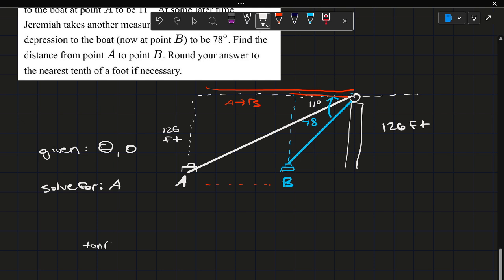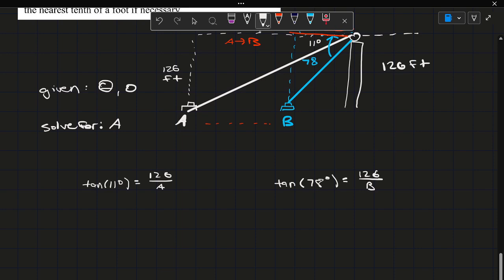So tangent for the first one is tangent of 11 degrees is equal to opposite, so 126 over your adjacent, which we don't have, so we'll call that A. And then we have tangent of 78 degrees is equal to opposite, which is 126 over your adjacent, and we'll call that point B. So using the butterfly method again, just put 1 over here, cross multiply, so we have A tangent of 11 degrees equal to 126.